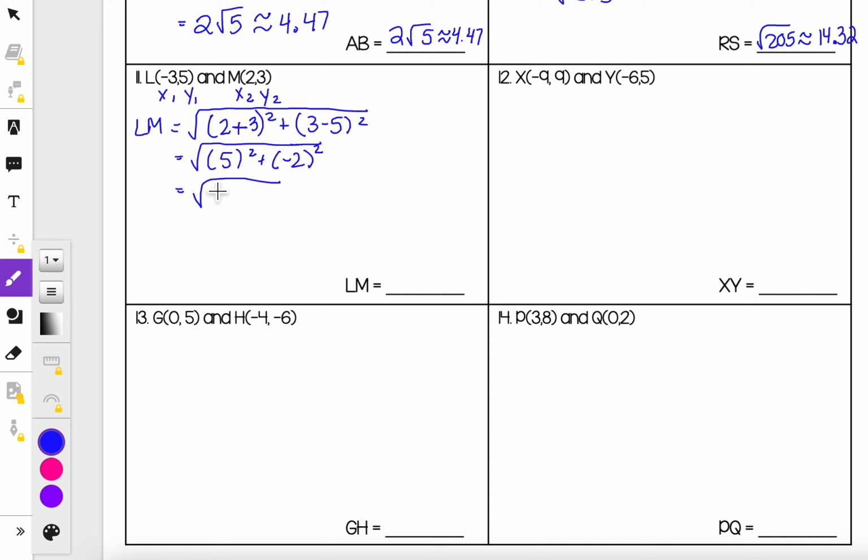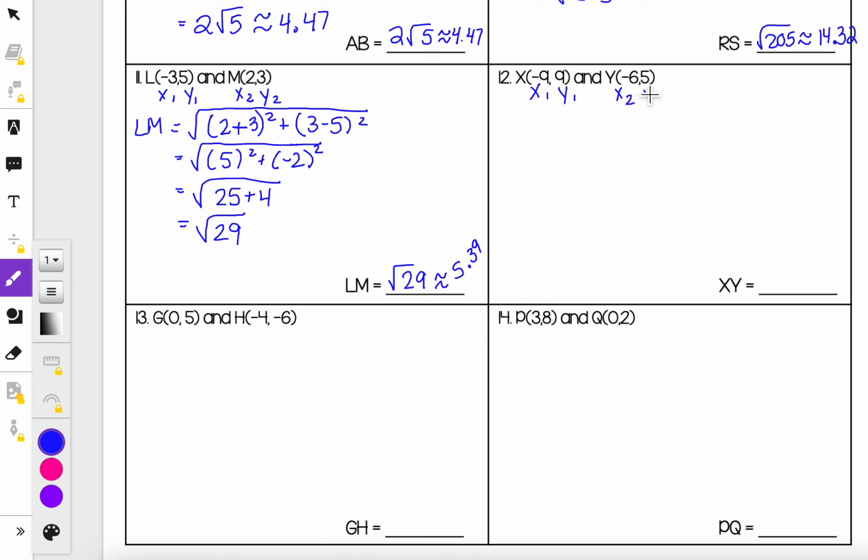And as we simplify, we're going to get 25 plus 4 to get the square root of 29, which is approximately 5.39.